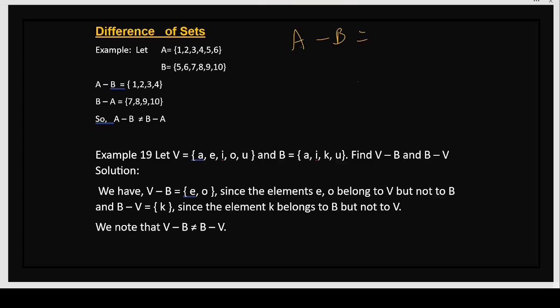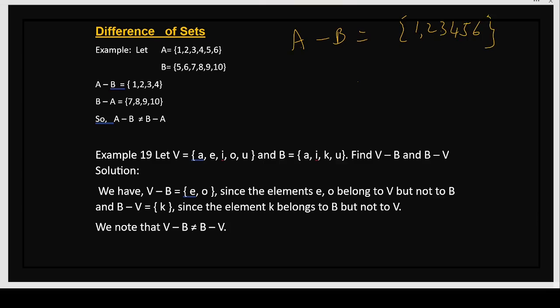Difference of A minus B. See, A is what? 1, 2, 3, 4, 5, 6. Remove all the elements of B from this A. What are the elements in B? 5, 6, 7, 8, 9.